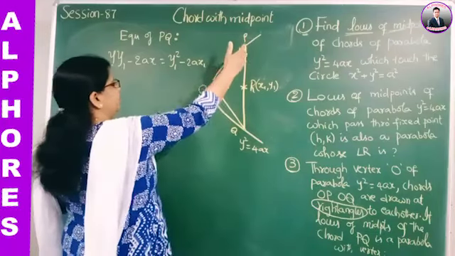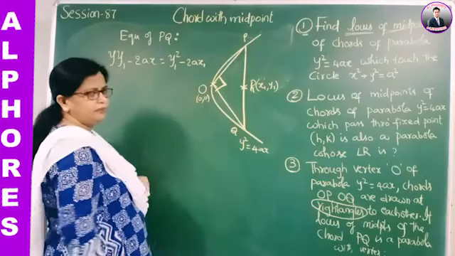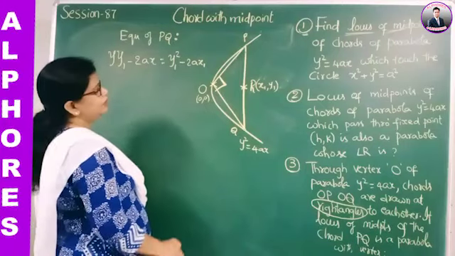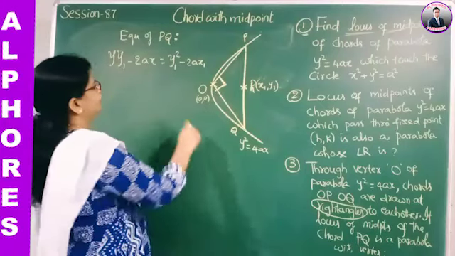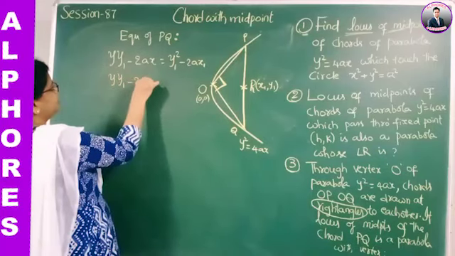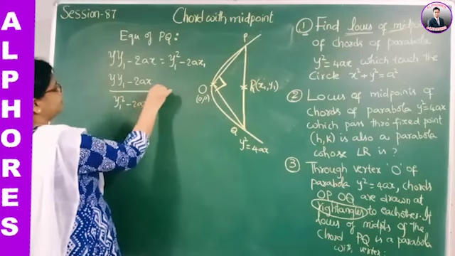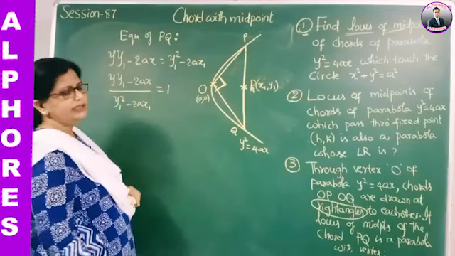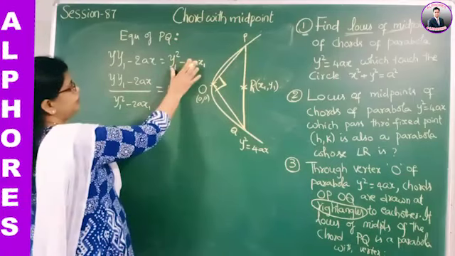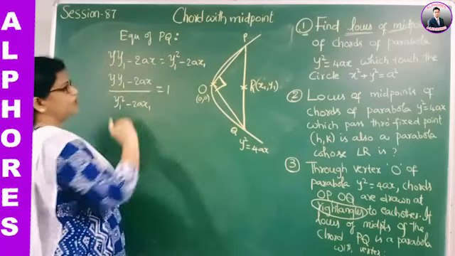Now this segment PQ subtends an angle of 90 degrees exactly here. Therefore you can make use of the concept of homogenization to obtain the required locus. Now let me write this as y1 y minus 2ax divided by y1 square minus 2ax1, and this is equal to 1. For homogenization, the line we always want to write as equal to 1 by using the constant term. X variable, y variable here, and this is our constant.